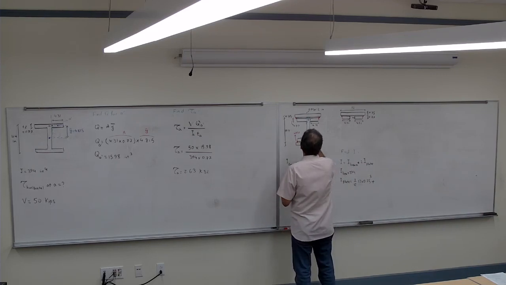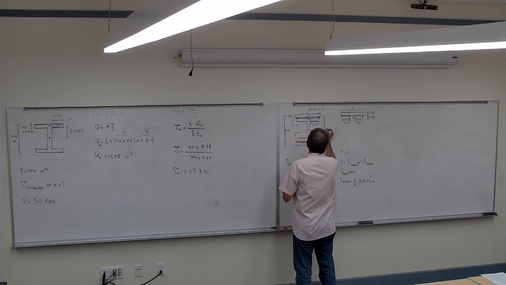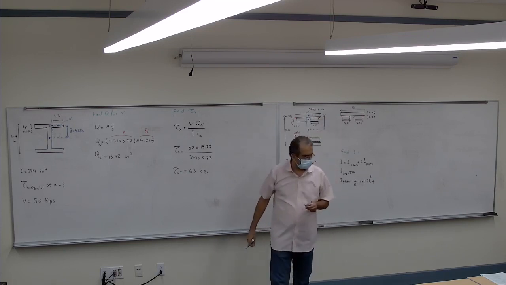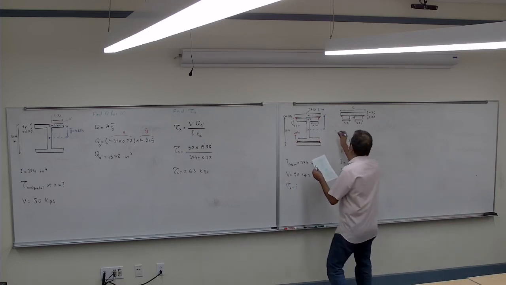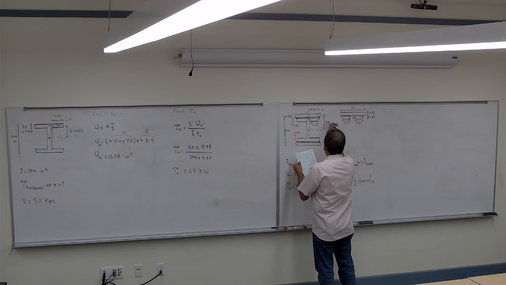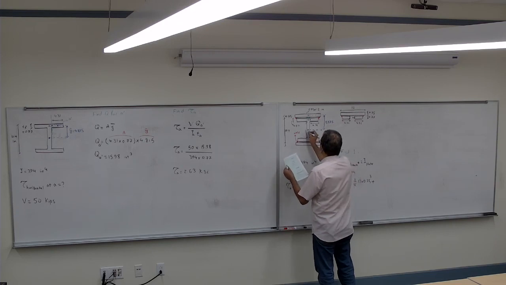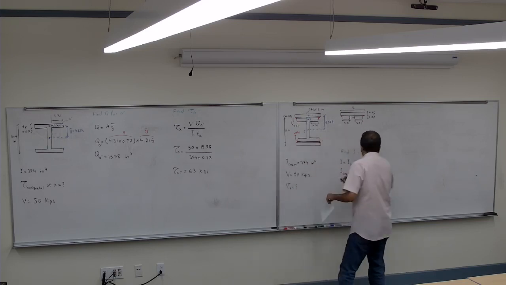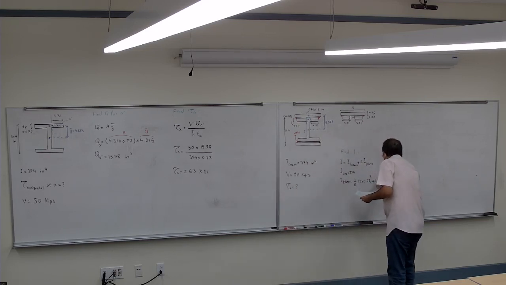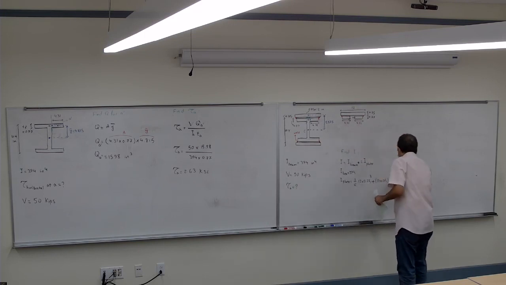If this is the centroid, and this is the centroid for that, this distance is 5.575. So A times 5.575 squared.